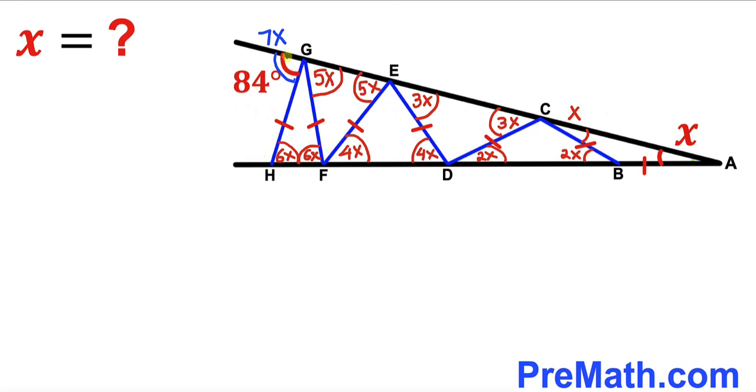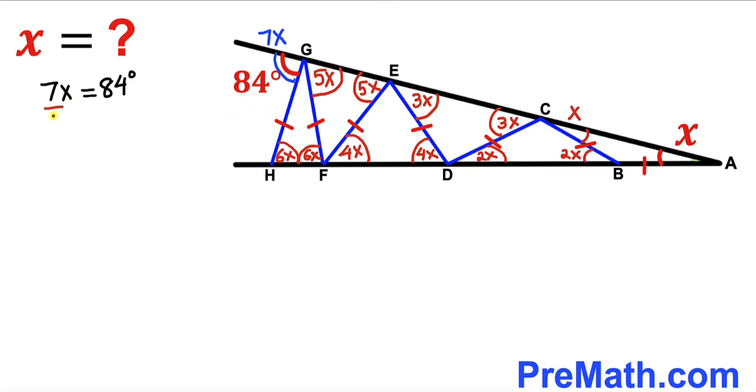And here's our final step. Let's make an observation. We can see that this angle G turns out to be 7x, and that angle is 84 degrees as well. So we are going to equate these two angles. We can write 7 times x equals 84 degrees.